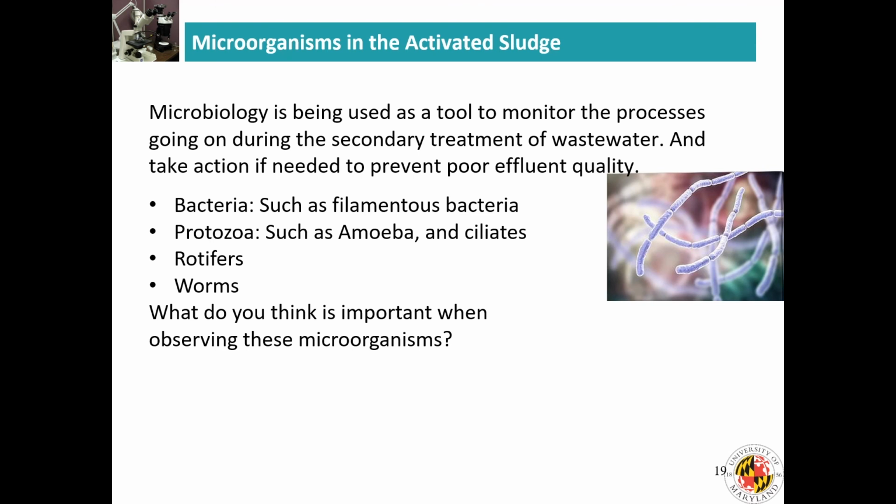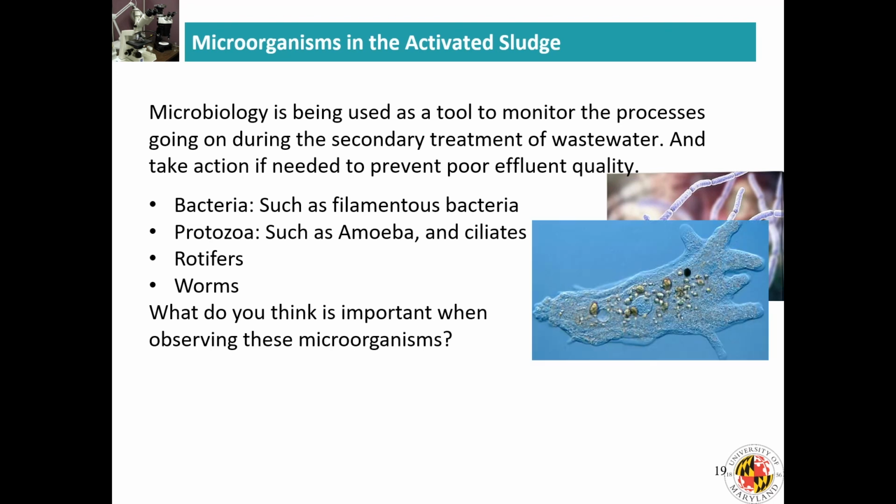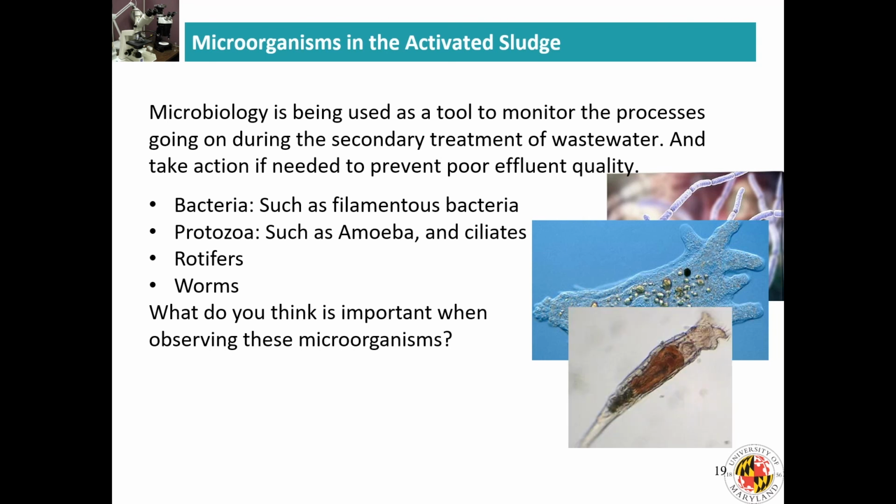Protozoa are single cell eukaryotic cells, such as amoeba or ciliates, which usually feed on bacteria, and their count kind of shows the bacterial count as well. We have rotifers, which are multicellular animals, basically, which are associated with older age sludge and high turbidity.